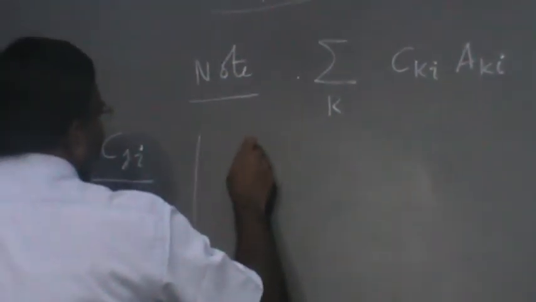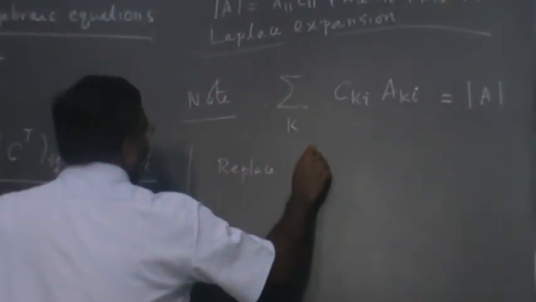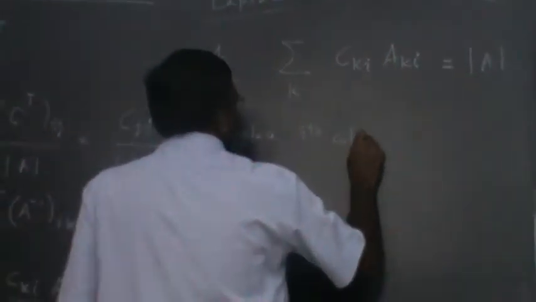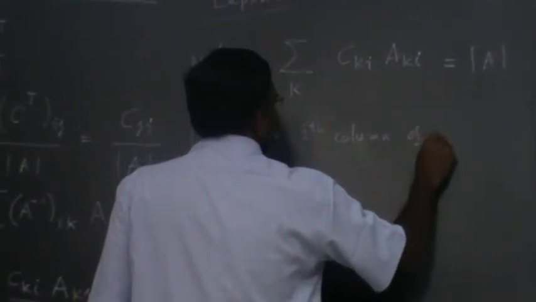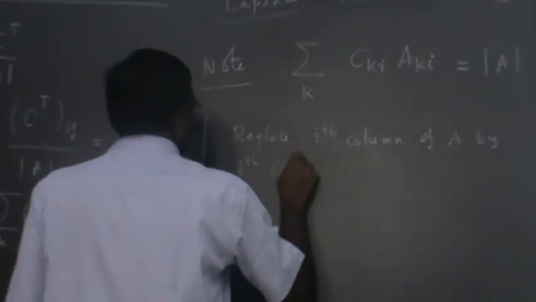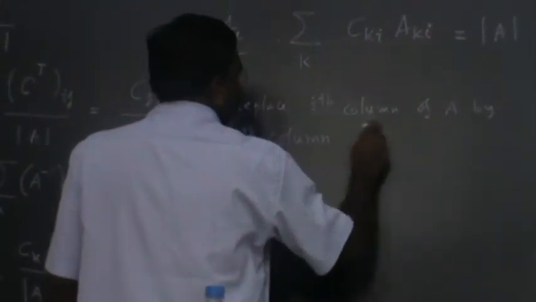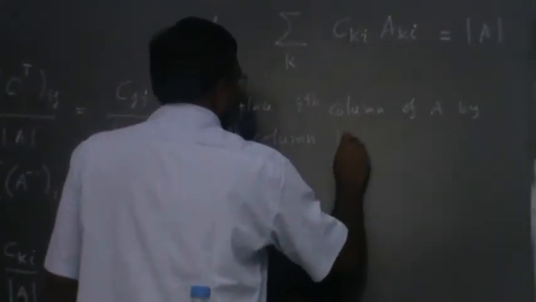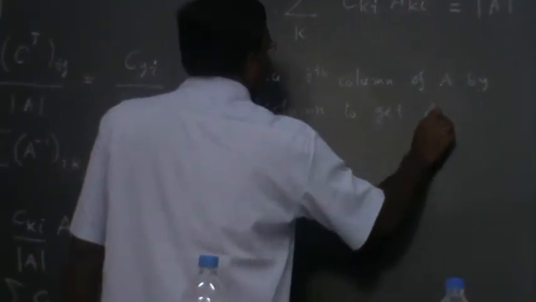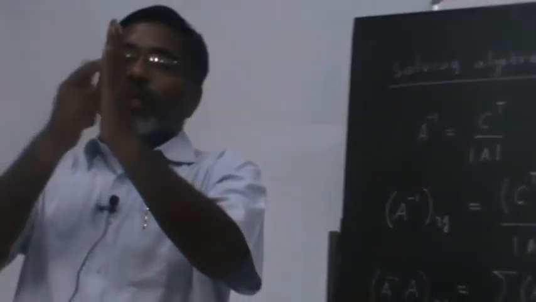Suppose I replace the ith column of A by the jth column to get A prime. So A prime is a new matrix where I remove the ith column and put the jth column there, but the jth column is also there. So I substitute the jth column instead of the ith column.